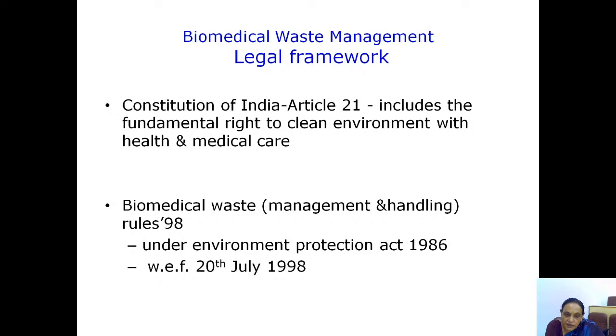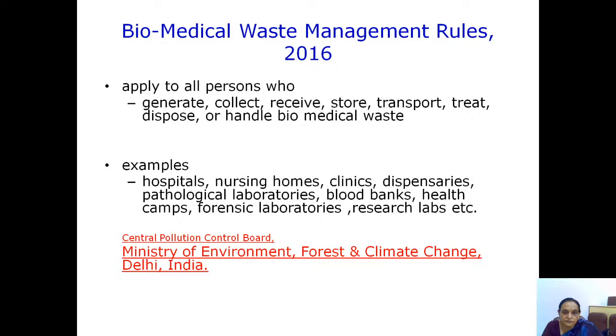And under this, biomedical waste management and handling rules were framed in 98. This is under the Environment Protection Act of 1986, and this came into effect from 20th July 1998. Subsequently, in 2016, it was revised, taking into consideration all the feedback and all the problems that were faced in the initial years of its implementation.